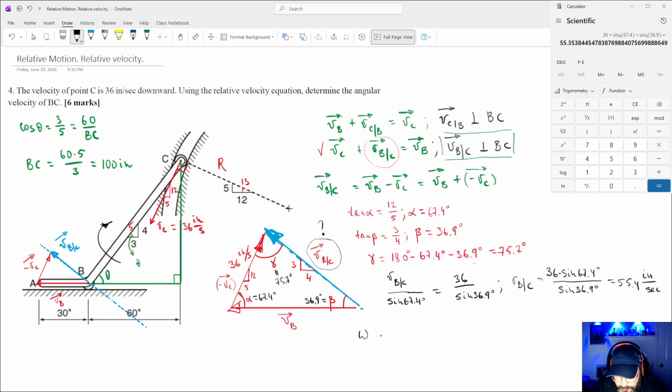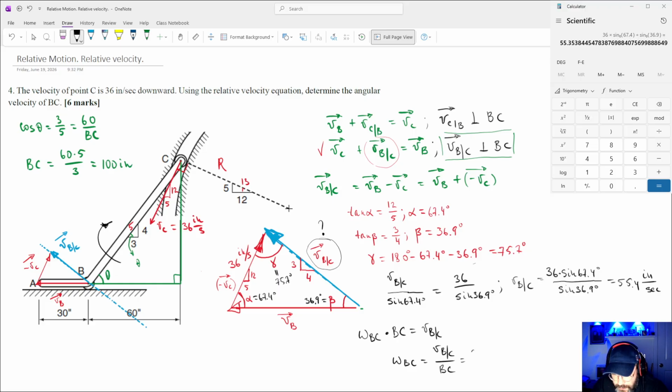Okay, so omega BC multiplied by BC is going to be our tangential velocity B relative to C. Okay, and our omega BC is equal to relative velocity divided by BC, right?